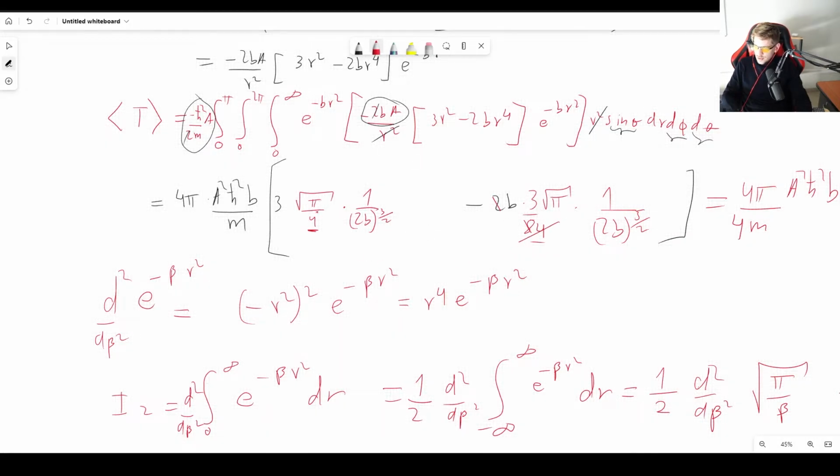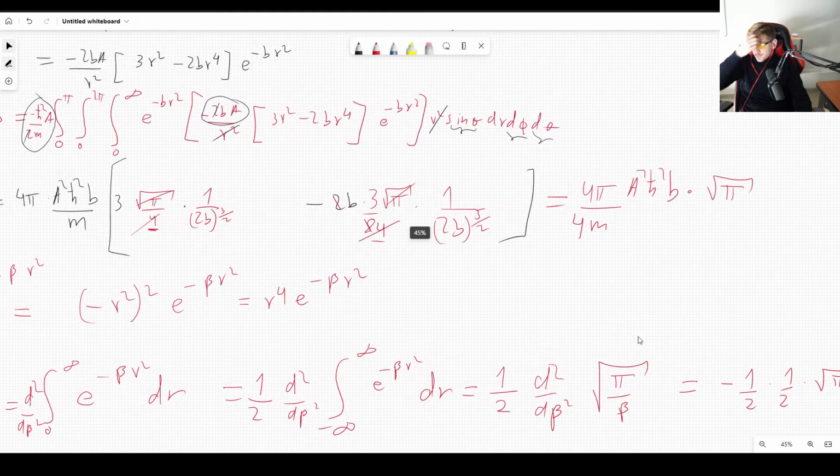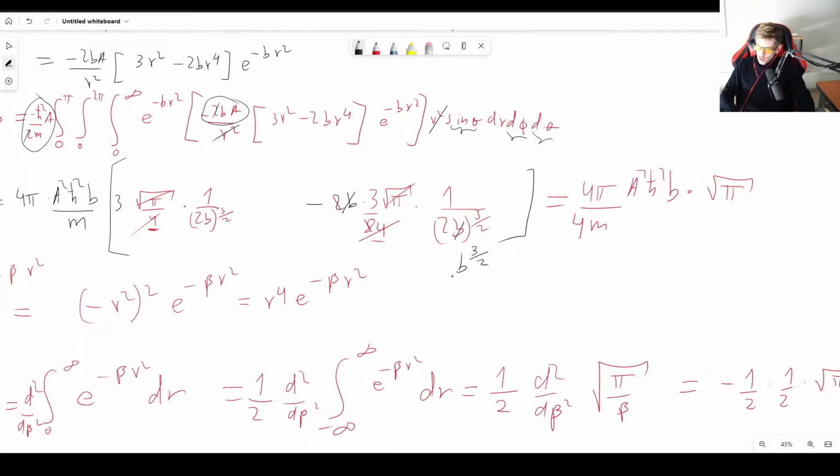So now this is gone, this is gone, this is gone, and this is gone. Now, what else? We can factor out the b's, because we have b here, and this is b to the 5/2. But after we cancel it out, we get b to the 3/2, which is the same that we have here. So we can factor out 1/b to the 3/2. So this is gone, and this is gone.